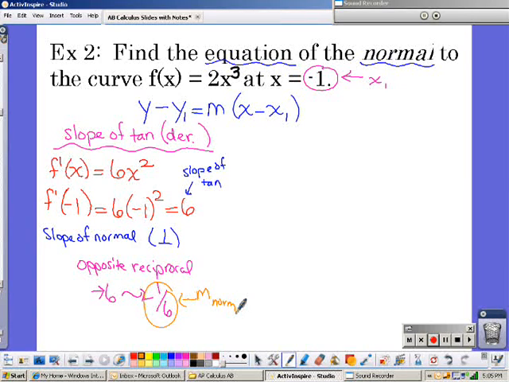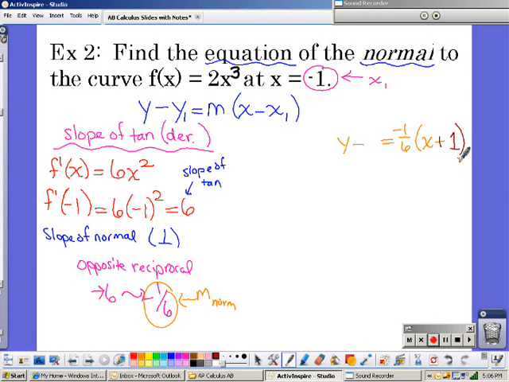I can put that in place for m. -1/6. I'm going to go ahead and substitute my x1 in. X minus, and then we have minus and negative, so it changes it to a positive 1. Okay.